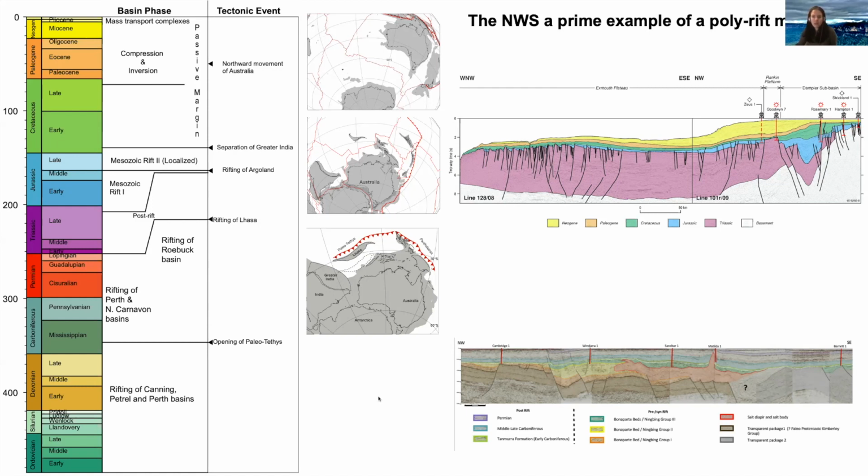These events also control the style of clastic and carbonate sedimentation. For example, in relation to clastic sedimentation, we have deltas of contrasting styles in the Triassic and then the lower Cretaceous. After the upper Cretaceous, the Northwest Shelf became a passive margin, and it has experienced increased subsidence after 50 Ma, which is probably related to the fact that Australia is now at the leading edge of the plate and moving towards Southeast Asia.